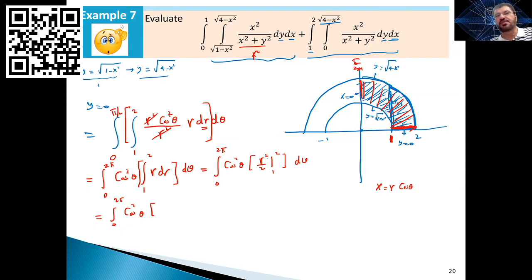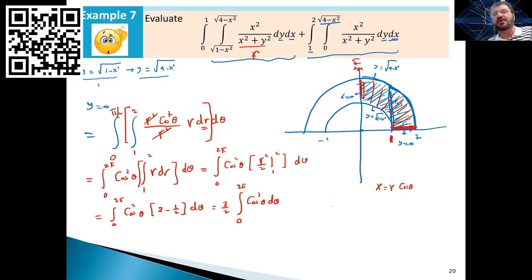Now let's see what it is. Put the 2, you get 4 over 2, which is 2, minus, put the 1, you get half, d theta. This 3/2 goes out. So what am I left with? 0 to 2 pi of the integration of cosine squared theta d theta.